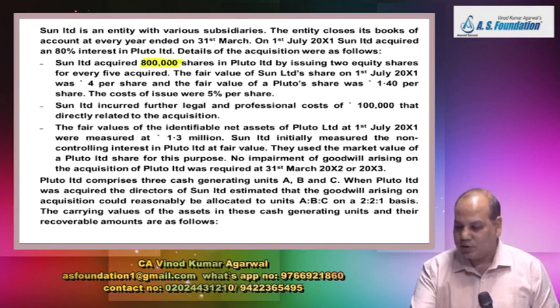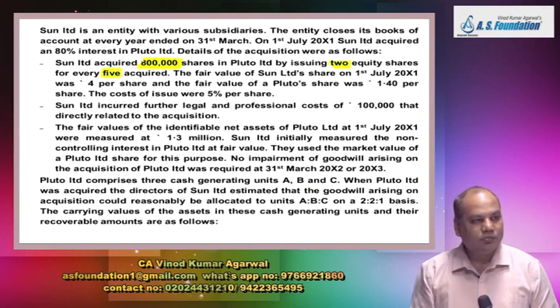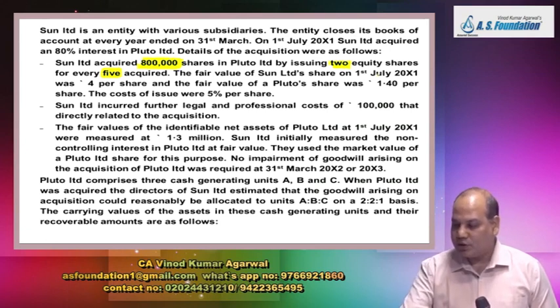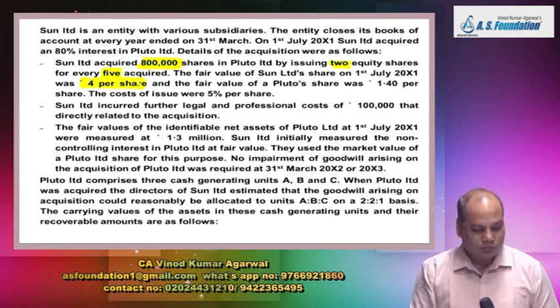Tell me, what is the number of shares issued? 2 upon 5 into 8 lakh, which is 3,20,000 shares. The fair value of the Sun Limited share on 1st July is 4 rupees per share. Multiply by 4. So this is the fair value of the consideration transferred.